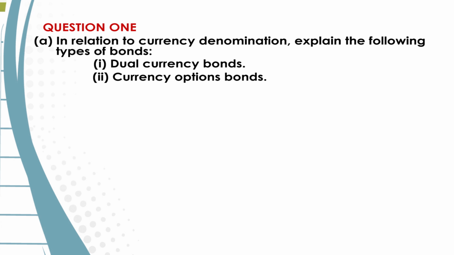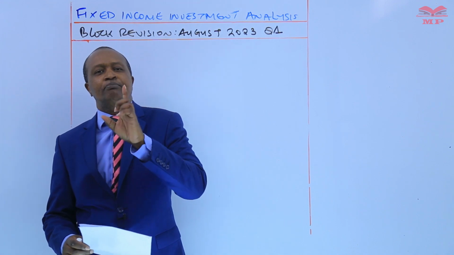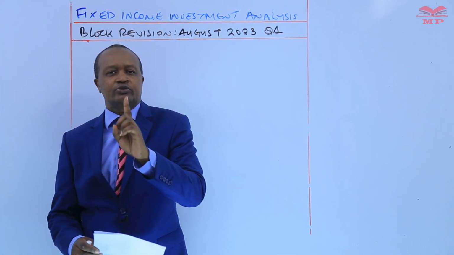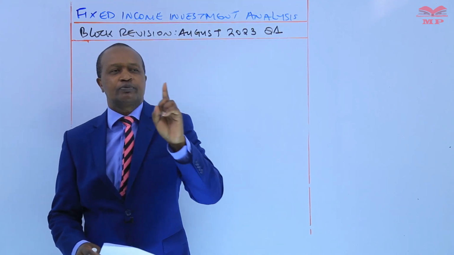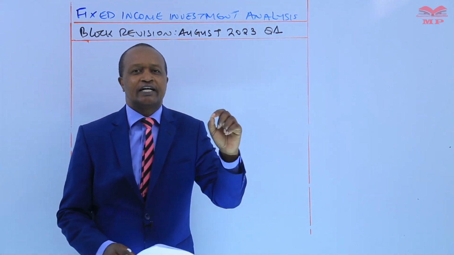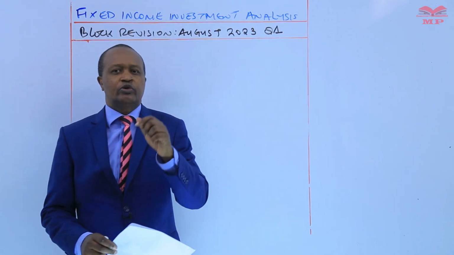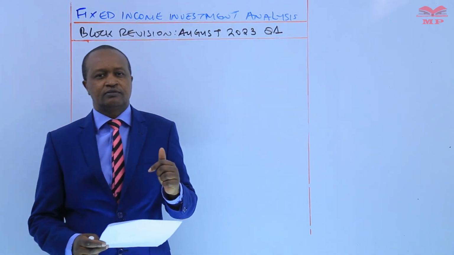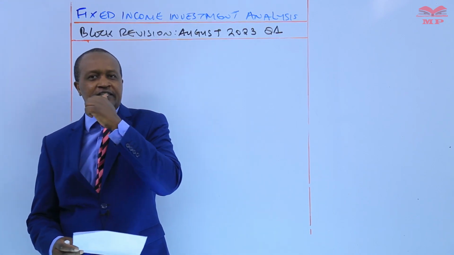Bonds, I repeat, that give the bondholder the right but not the obligation to convert the bond's principal and the interest payments from one currency to another at a predetermined exchange rate on a specific date. Do you understand?